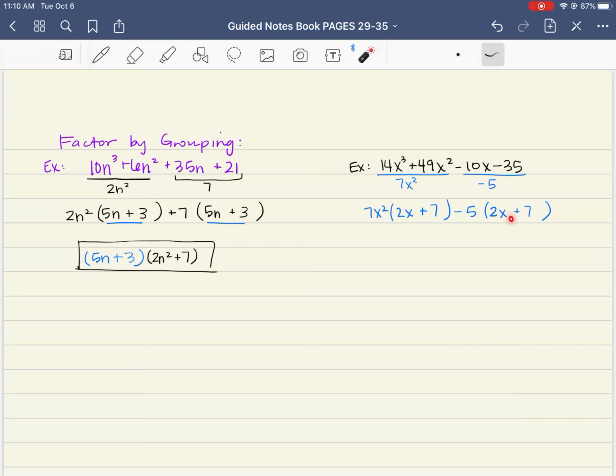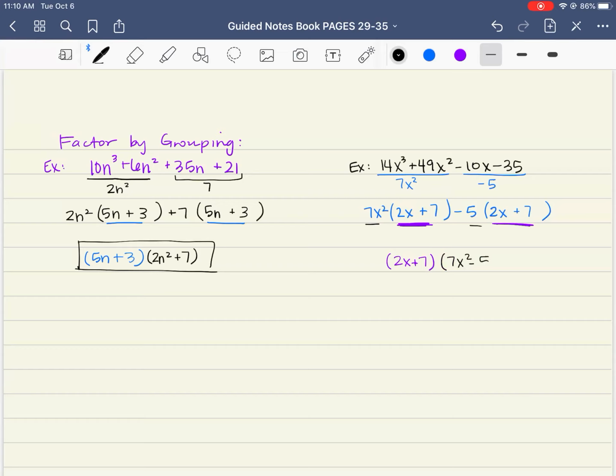Now, if you didn't pull out that negative, you'd still have a negative in here. And hopefully you'd realize if these aren't identical, you need to go back and change the factor that you pull out. Okay? So again, notice that we have a 2x plus 7 and a 2x plus 7, so that gets to go first. It doesn't really matter if it goes first or second, but it gets to go in one of the factors. And then the other factor is the leftovers.